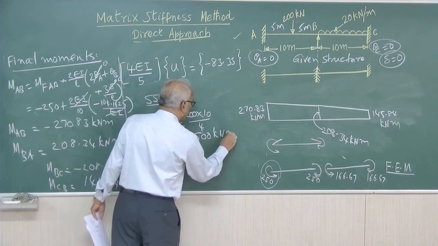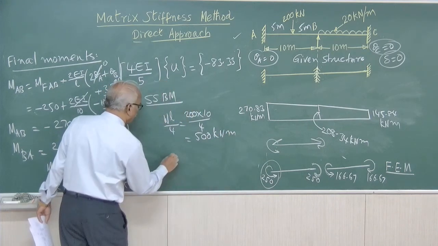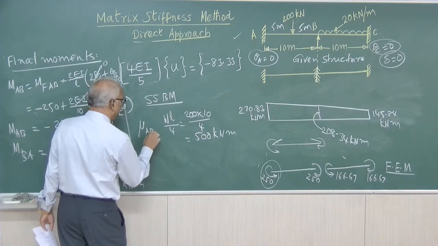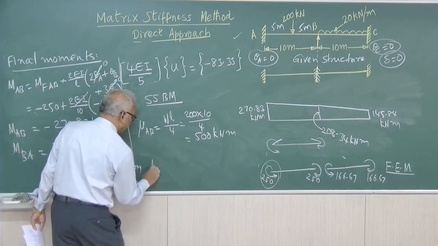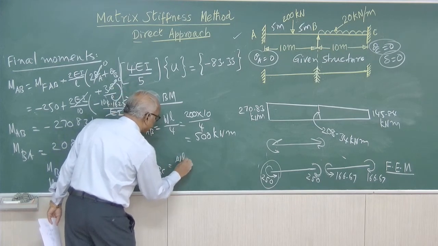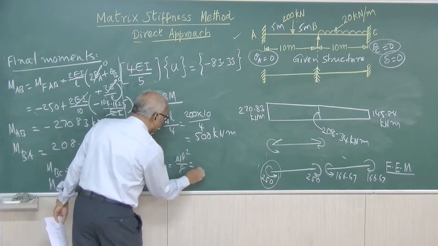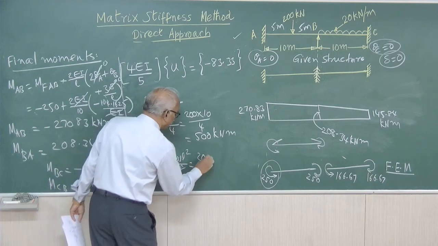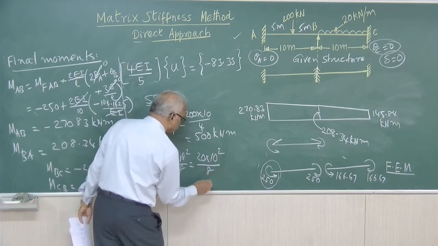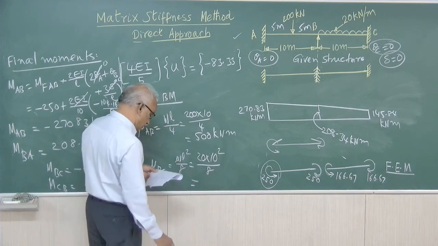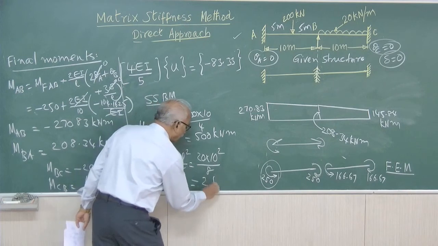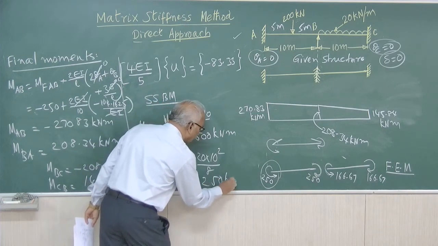This is MuAB. Then MuBC, as a simply supported beam, is WL square by 8. So W is 20, L is 10. So 20 into 10 square by 8, and this value equal to 250 kilonewton meter.